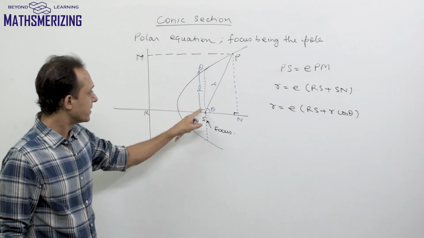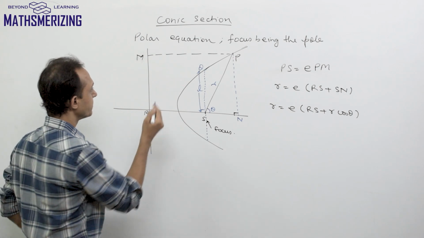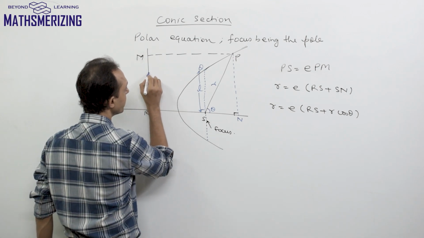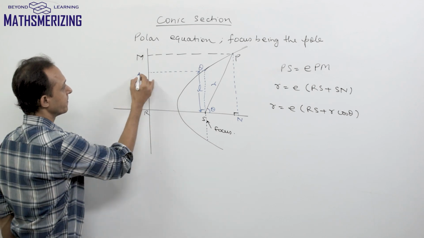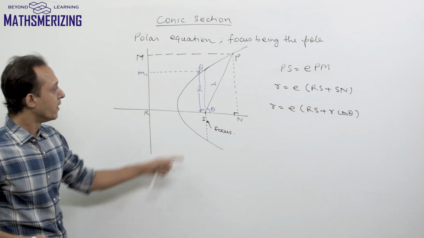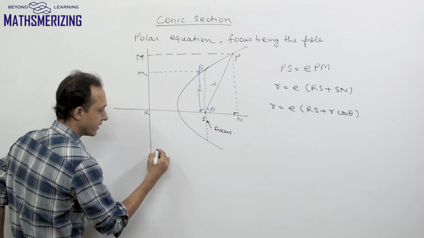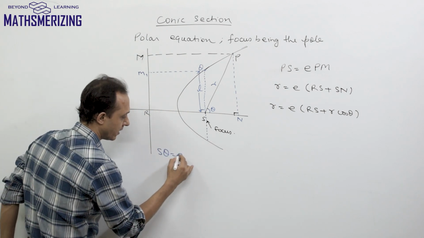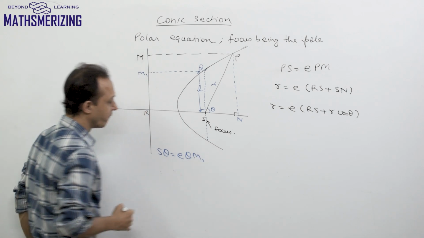Now we need to find this RS. Now this RS is equal to the distance of this point Q from directrix. Say this is M1. So again this point Q lies on conic section. So we can write it as SQ equals E into QM1.